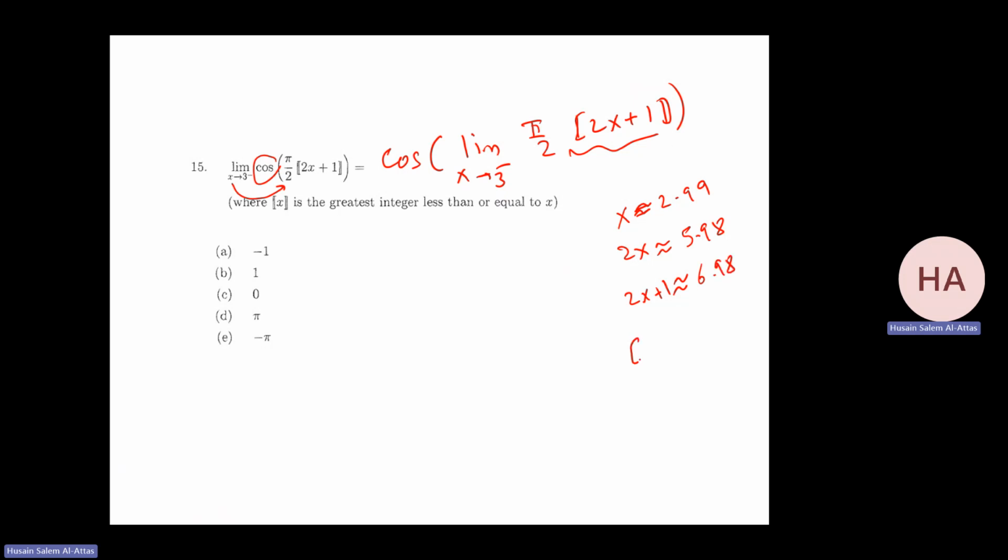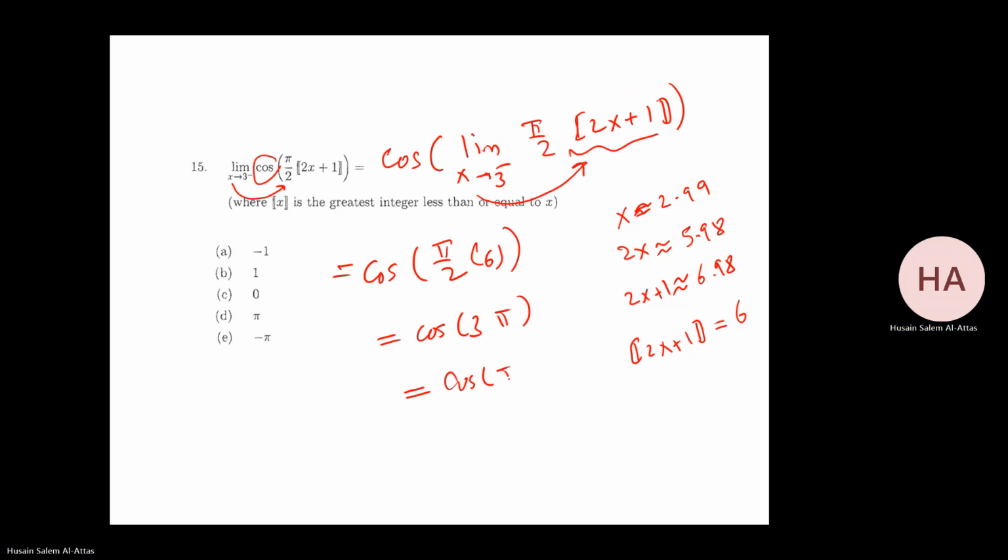So what will be the greatest integer of this? That will be 6. So this function will be cosine of pi over 2 times, take it outside, the limit of this is 6. So it will be cosine of 3 pi, which is 2 pi plus pi. So it will be cosine of pi, which is minus 1. And that will be my answer.